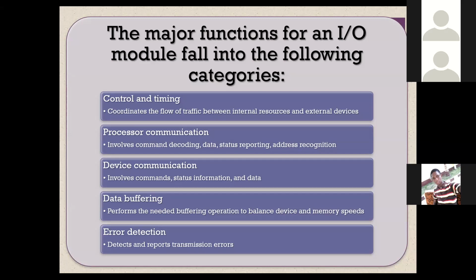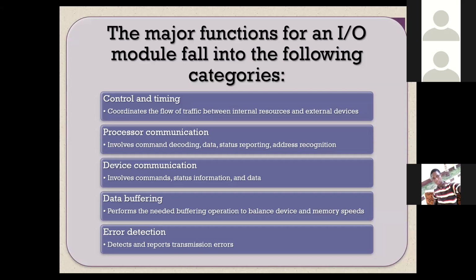As you can see, the latter two commands each include a parameter that is sent on the data bus, whether it is seek track number or scan record ID.